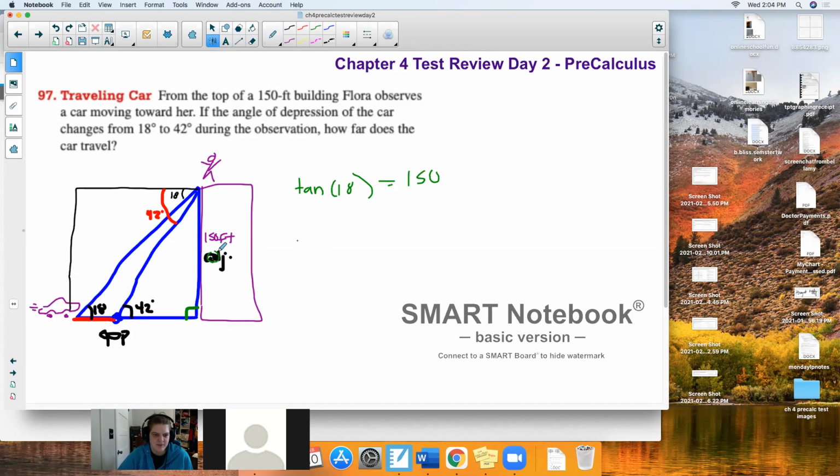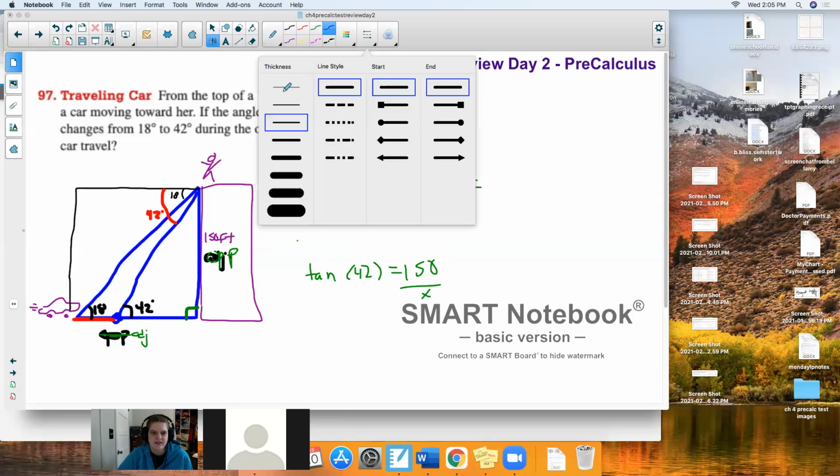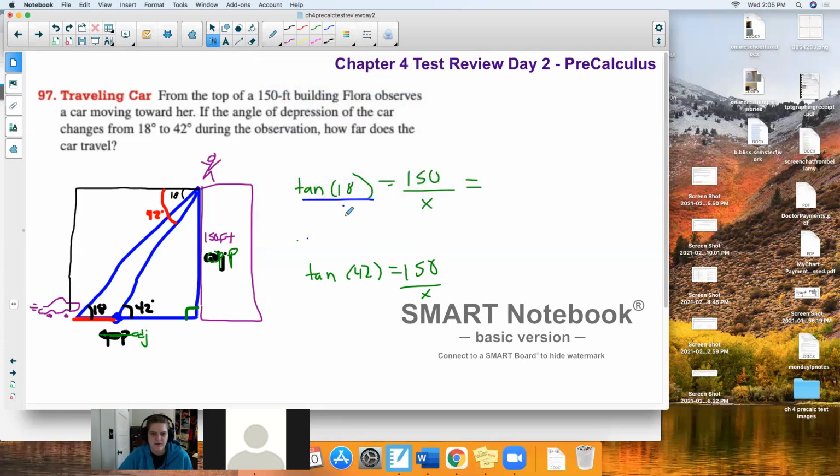Oh, sorry, this is the opposite now that my angle is over here. I was doing it for this person. Opposite is 150 and adjacent is we don't know. And then the other one is tangent of 42 when the opposite is 150 and the adjacent is we don't know.